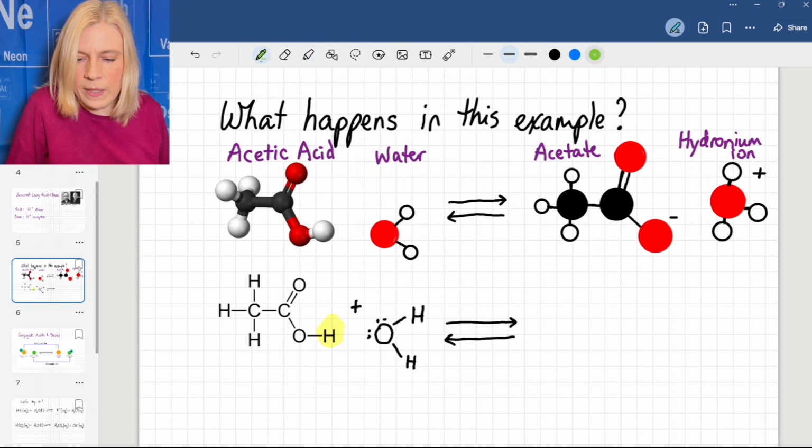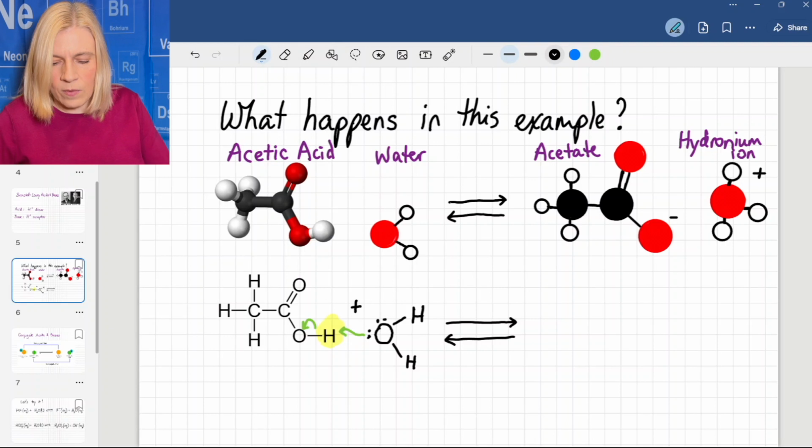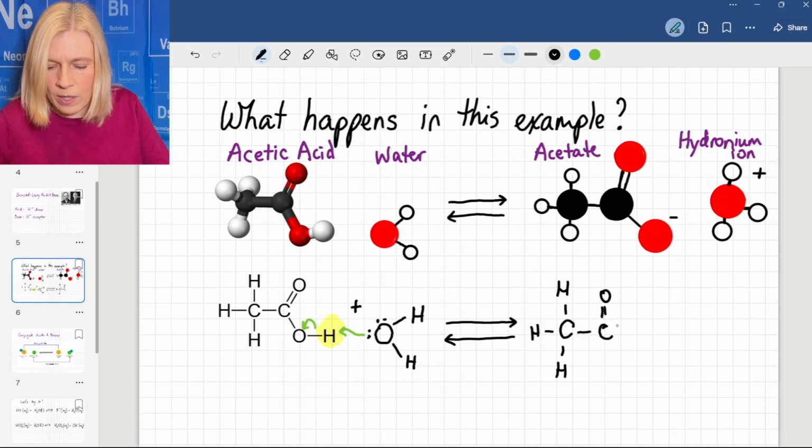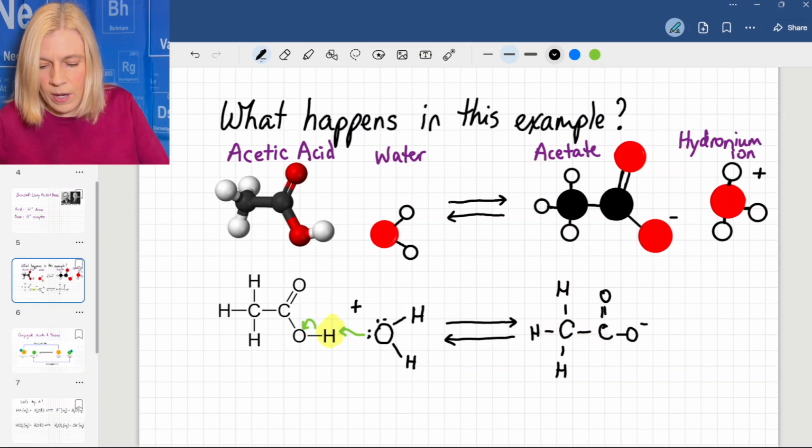So what will happen? It will attack this H right here, and these electrons will go to the oxygen. So let's draw that. Oops, change the color. And right here, we will have our CH3, and here we will have C, double bonded O, O minus. Yes, our acetate.